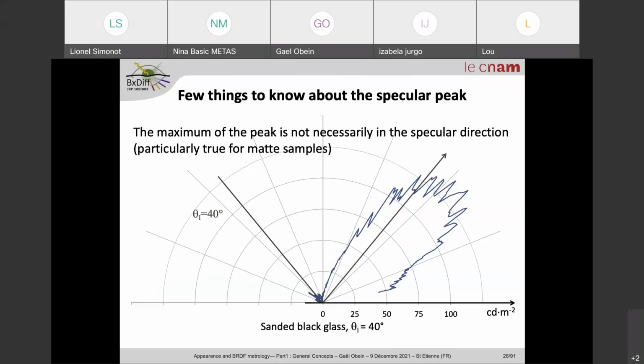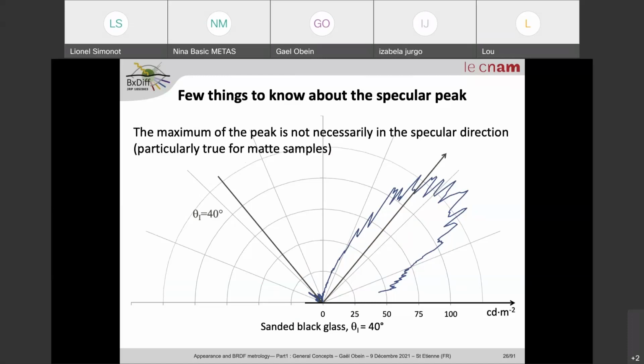Something that people don't always know is that you don't necessarily have the maximum of the specular in the specular direction, particularly for matte surfaces. You see here, so it's not because you make your setup not saturated in the specular that you're not going to saturate it at a more grazing angle.